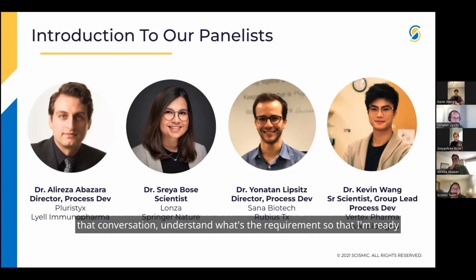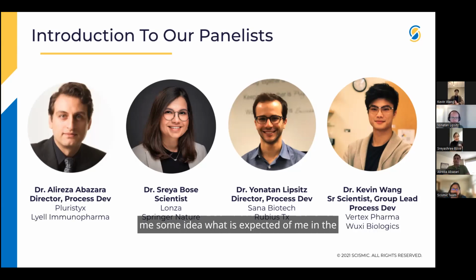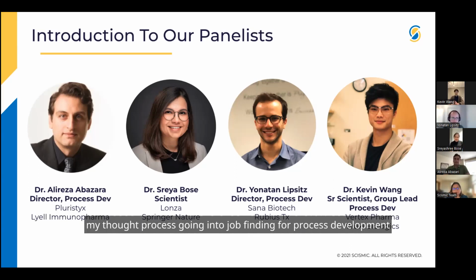And talk to people, start that conversation, understand what's the requirement so that I'm ready for the next opportunity. At least it would give me some idea of what is expected of me in the market. So this was just my thought process going into the job finding for process development and things like that.